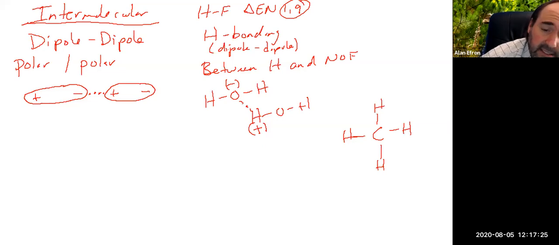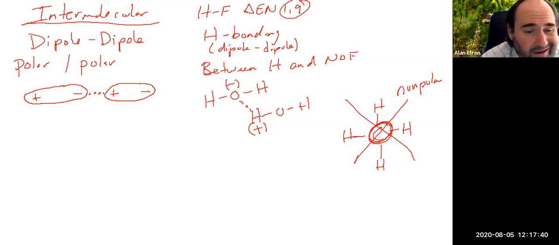This molecule has a ton of hydrogens, but the carbon-hydrogen bond is nonpolar, which means these hydrogens are not attached to oxygen, nitrogen, or fluorine, so it cannot hydrogen bond, even though it has a lot of hydrogens.